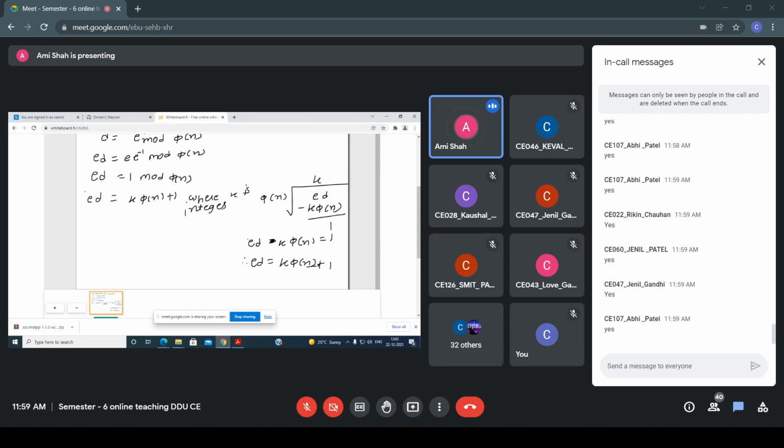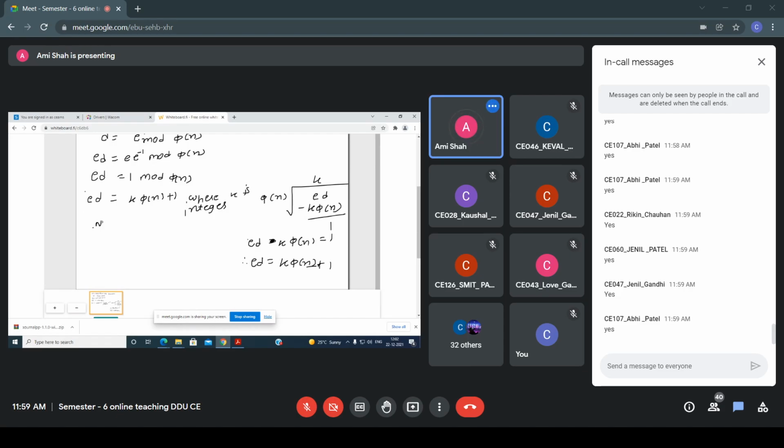Now I am telling you about the decryption side. I am proving through this how you get the plain text at the decryption side, that I want to explain to you.